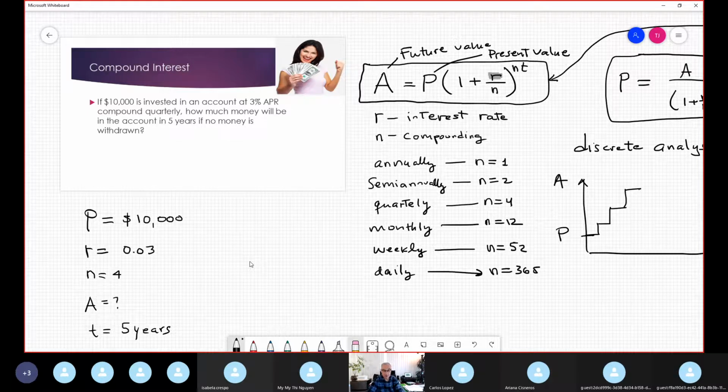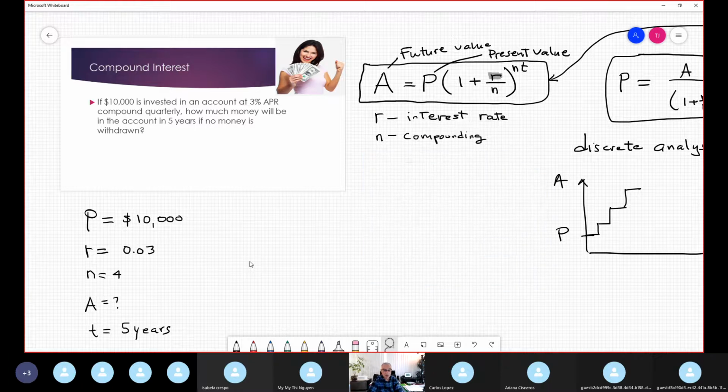Let me erase that part. Everyone, this is a moment to help me and use your own calculator. Future value is equal to present value times (1 plus R divided by N) to the exponent NT.